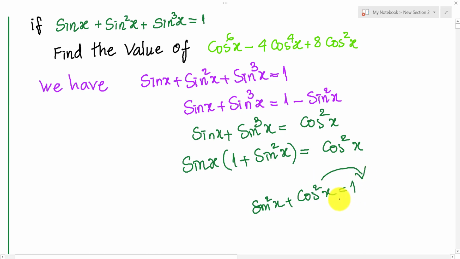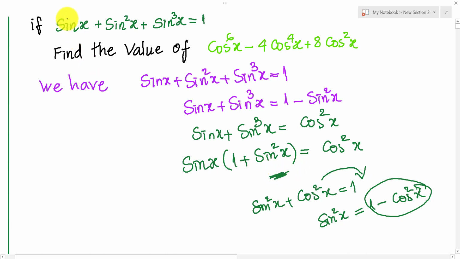So I move cosine square of x from the left-hand side to the right-hand side. We get sine square of x equals 1 minus cosine square of x. So I can replace it in this expression.